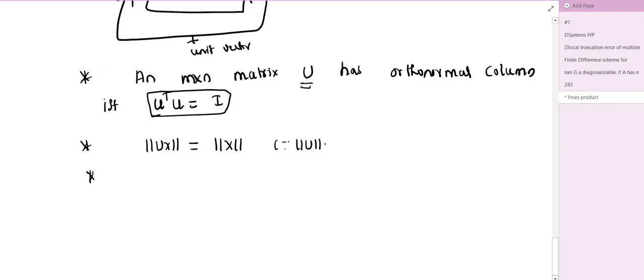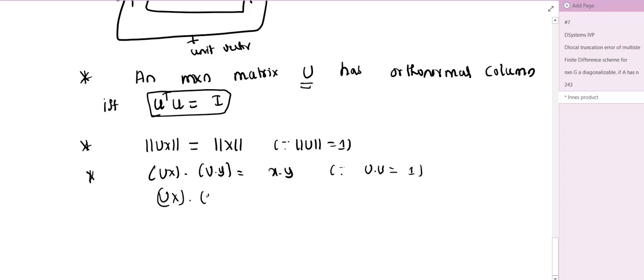Then you have Ux dot Uy is equal to just x dot y, since again U dot U is 1. Similarly, Ux dot Uy is 0 only when x dot y equals 0, since U dot U cannot be 0 because it is always equal to 1, it's a unit vector. These are the three important properties with respect to orthonormalization.